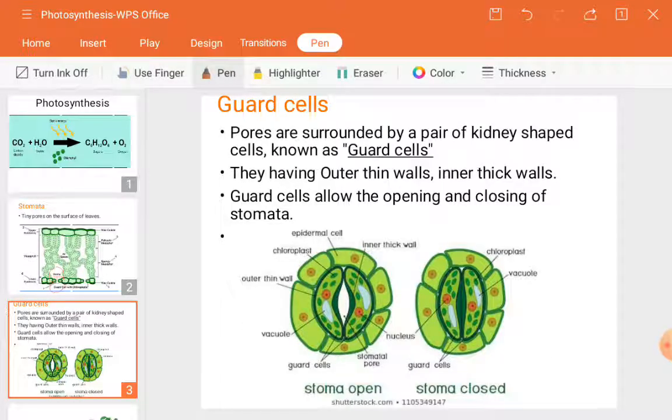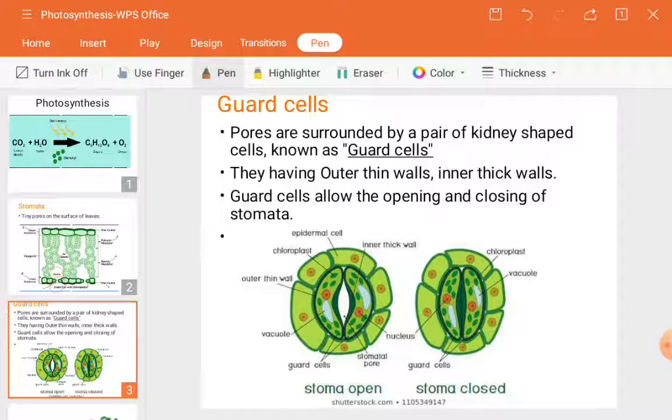Next is the guard cells. What are the guard cells? The guard cells are those cells that appear like a kidney structure, present surrounding the stomatal cells. Here I have shown you the structure of guard cells. The pores are surrounded by a pair of kidney-shaped cells known as guard cells.